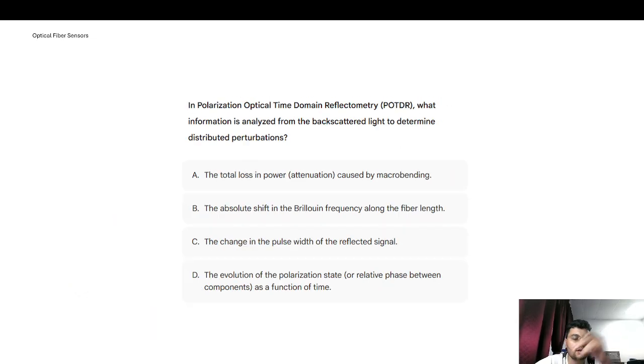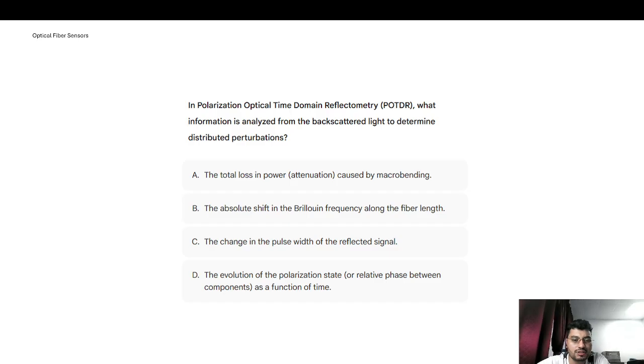Doing good. So in polarization optical time domain reflectometry, POTDR, what information is analyzed from the background light to determine distributed perturbations? Option A, the total loss in power attenuation caused by microbending.